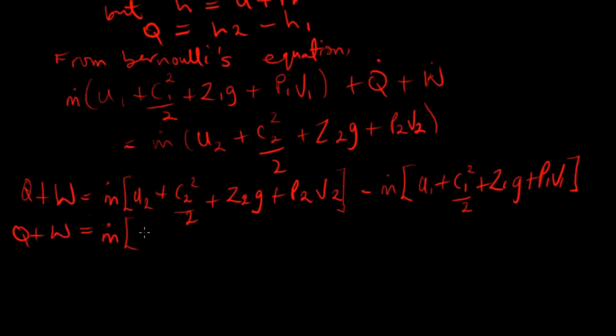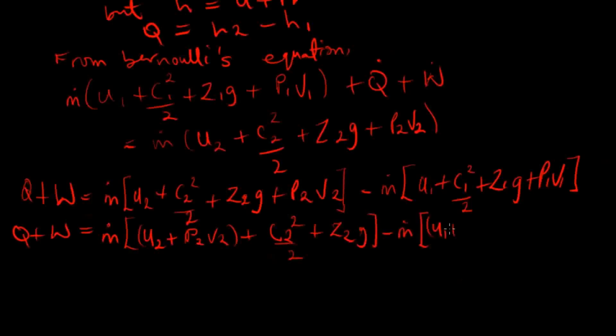Now it is time to gather the internal energy and the PV, the U plus PV, just like we proved up there. So we have something like this: C2 squared over 2 plus Z2G, minus the bracket of U1 plus P1V1 plus C1 squared over 2 plus Z1G.